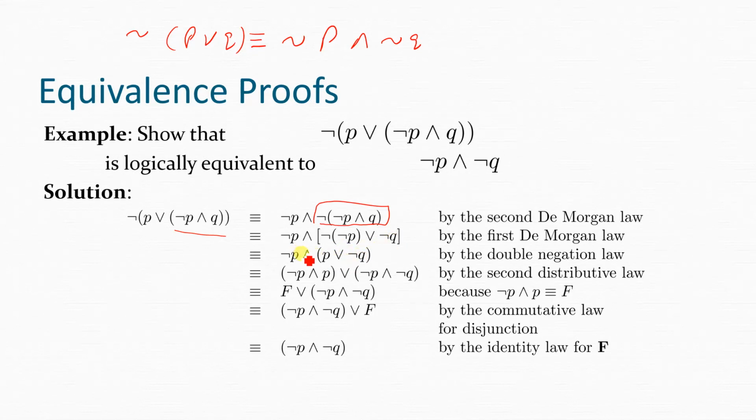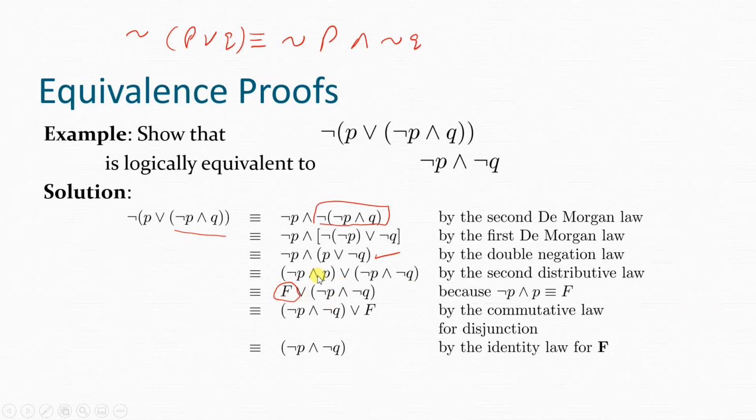Now you can see an and operator, and inside the parenthesis an or operator. Now we can use distributive laws to simplify it. With the help of distributive laws, we get negation P and P, or negation P and negation Q. Negation P and P is always false.